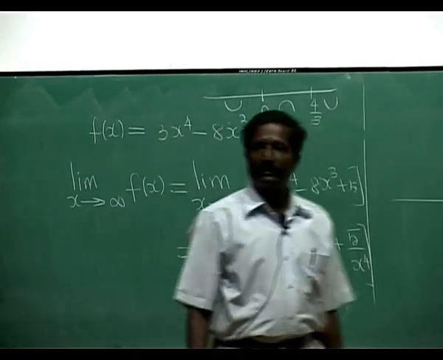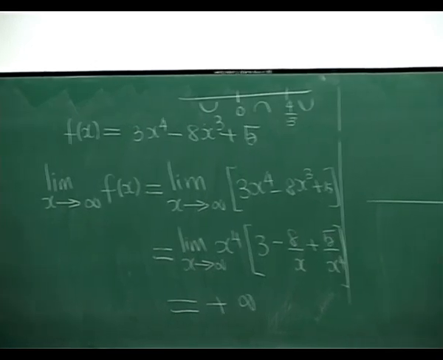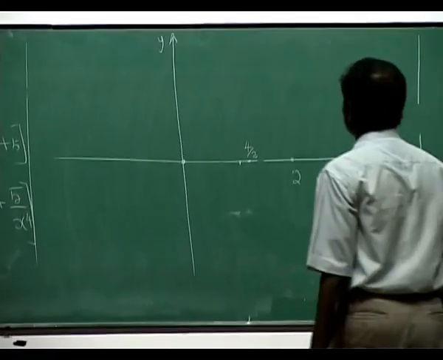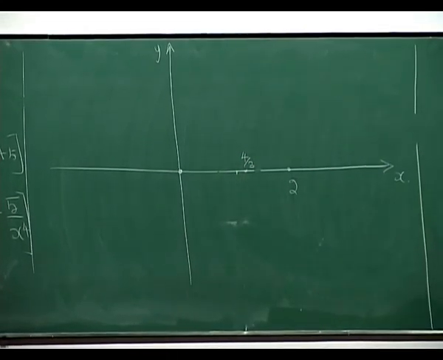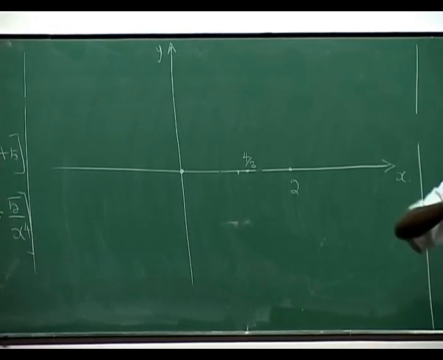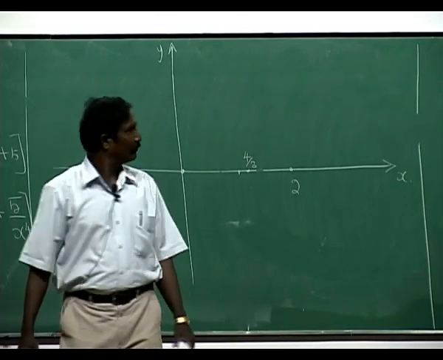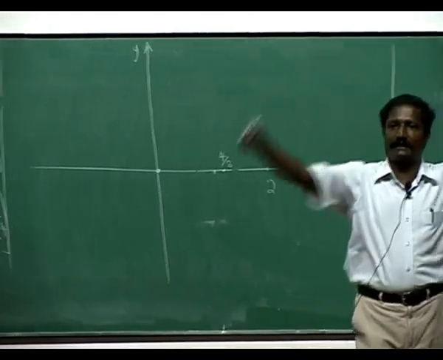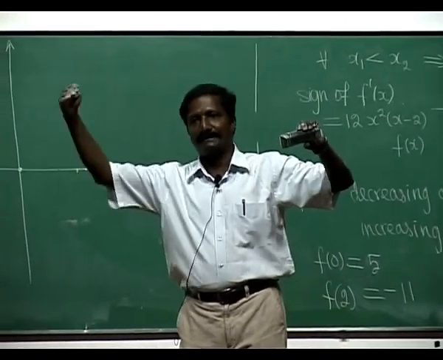Since the function is decreasing from minus infinity to 2, the point of inflection cannot be at 0? No, this is not for the point of inflection. This is for the increasing, decreasing analysis, nothing to do with the concavity of the function. Concavity we want to talk about with the second derivative.